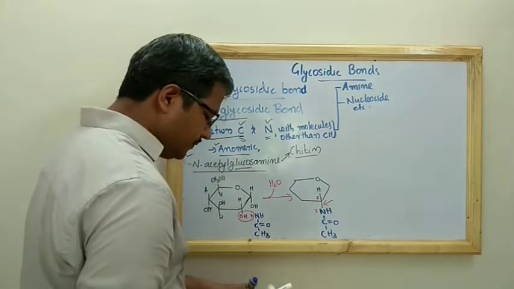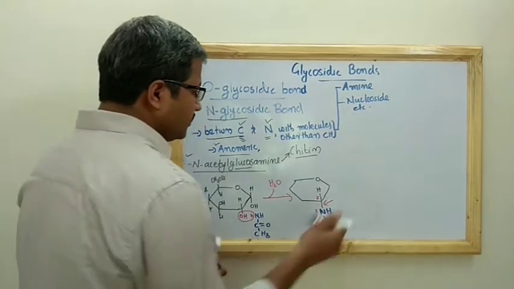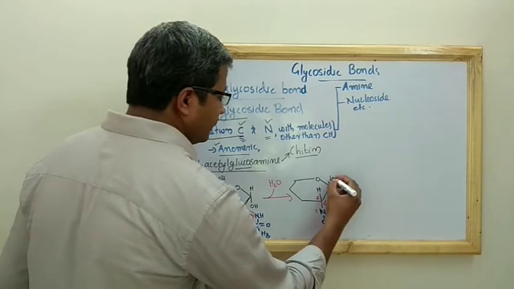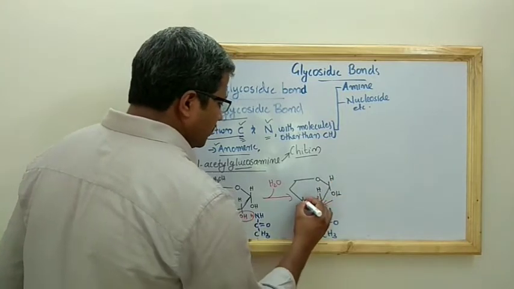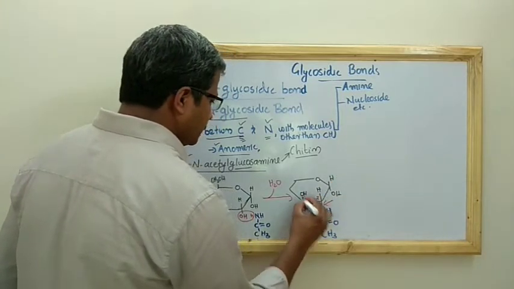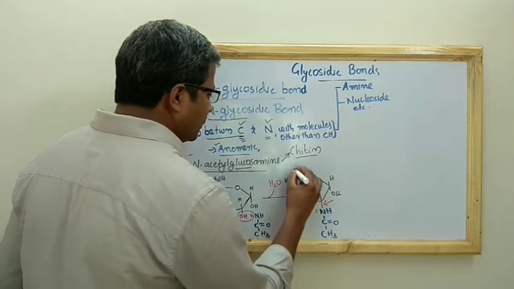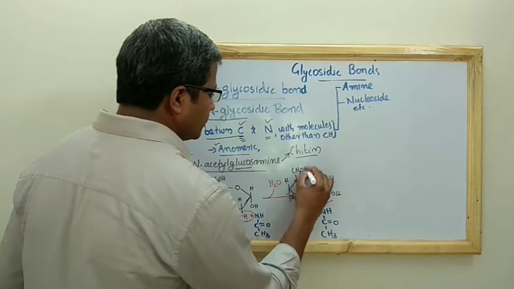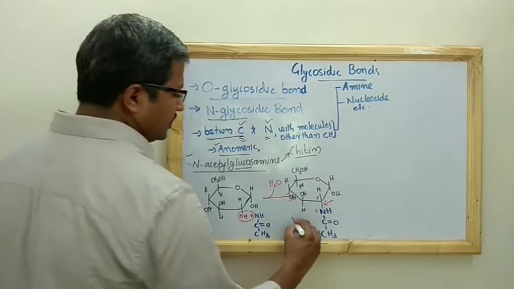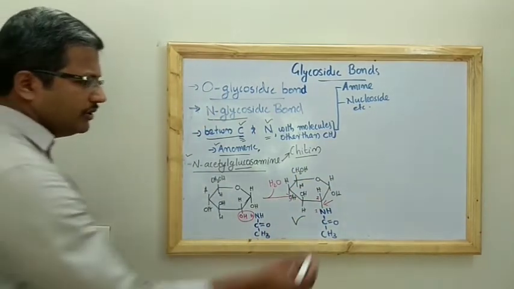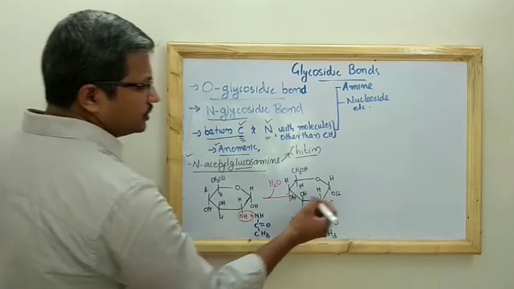Okay, we can just fill the remaining portion of the glucose so that you can avoid confusion. HOH, OH, H, HOH, then CH2, OH, H. So this is actually the N-acetyl glucosamine, where you can find N-glycosidic bond here.